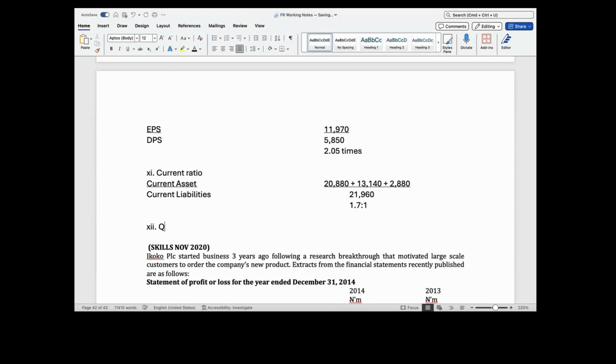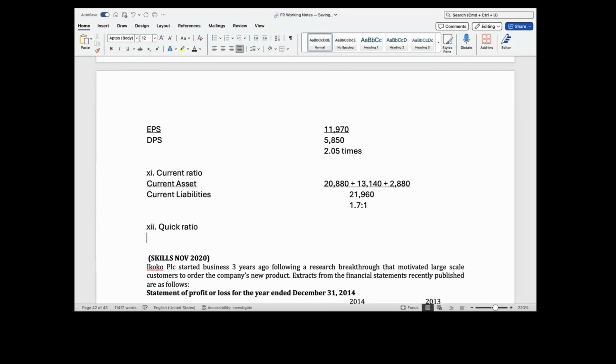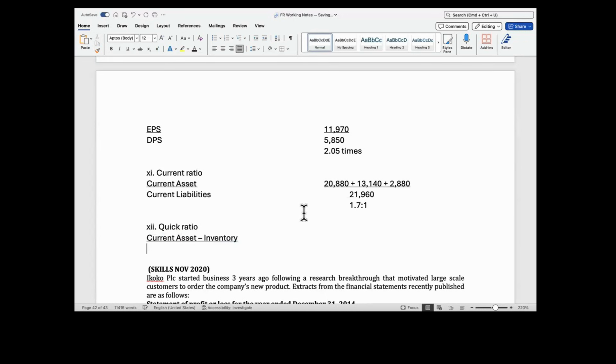I think the last one is quick ratio, which is current assets less inventory. Sorry, I didn't get 1.7. What I'm getting is 2.5 to 1.